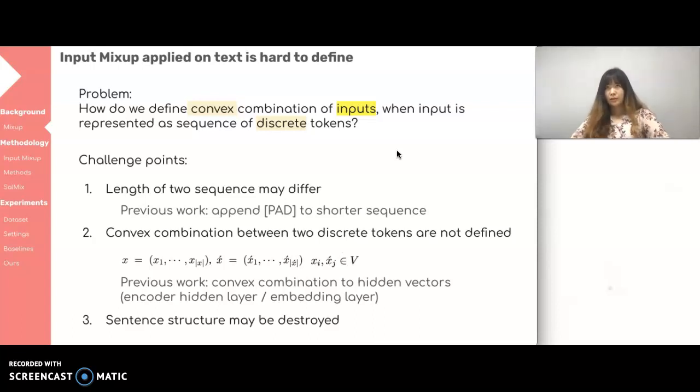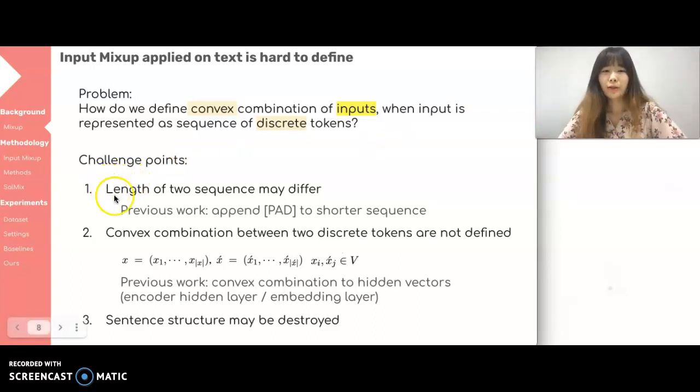We can also view that image pixels are linear in value, but input ID 4 doesn't have any relation to tokens that have input ID 3 or input ID 5. So there's no linear characteristic, which was kind of difficult.